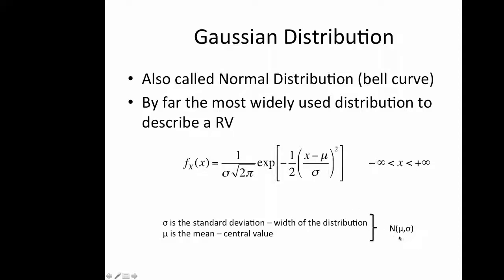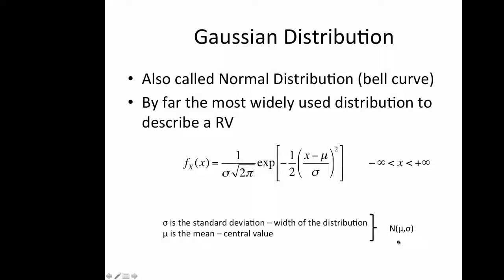The notation in the textbook, when we describe a distribution and its parameters, we use this notation. N standing for normal distribution, and then we use a parentheses with our parameters in there. So the parameter order that we use to describe the normal distribution is the mean, or mu, and sigma, standard deviation.